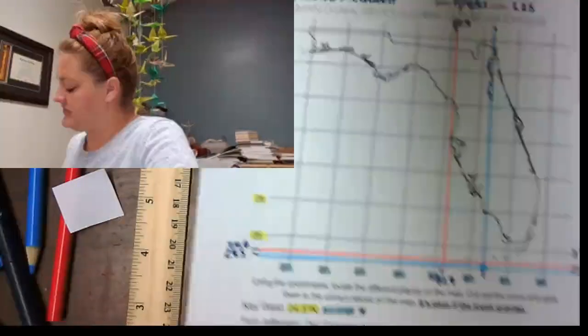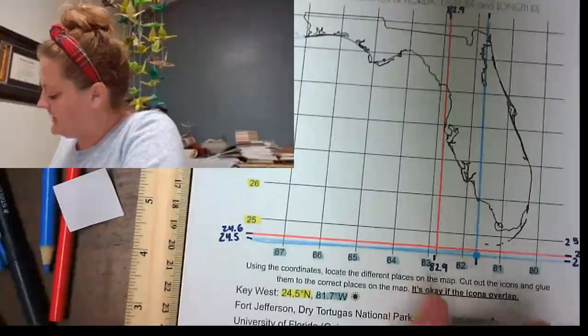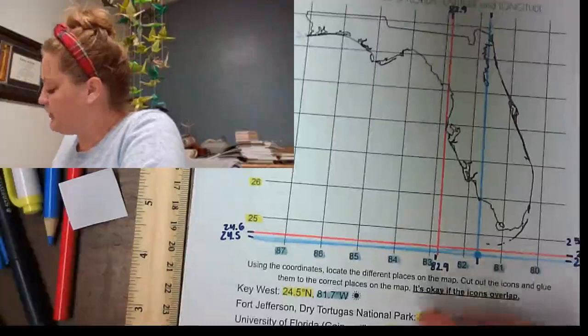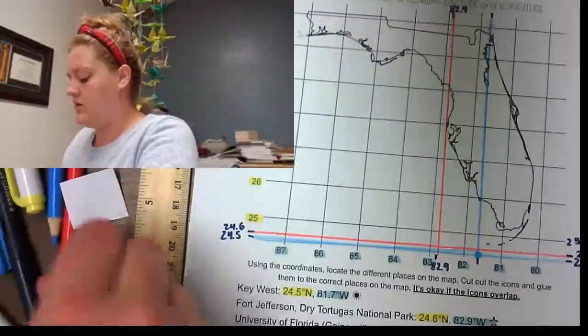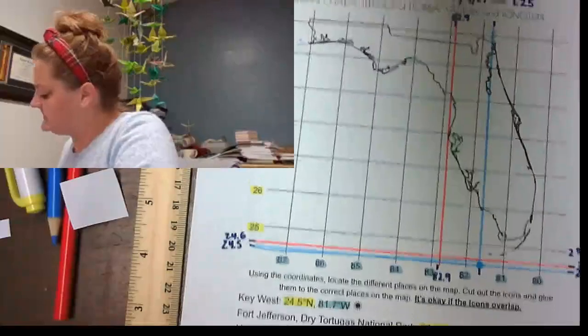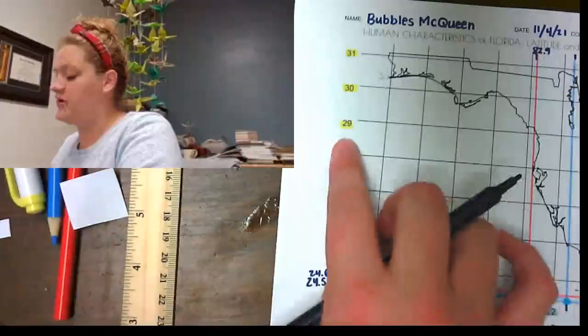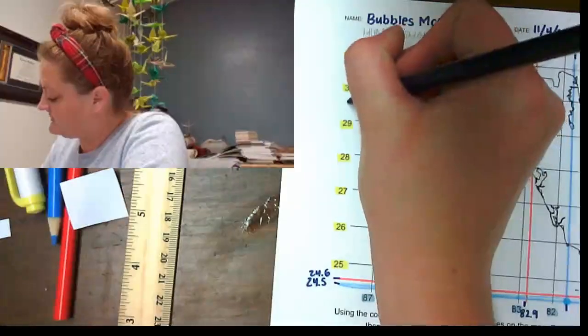We're going to go ahead and do the University of Gainesville. 29.6 degrees north, 82.3 degrees west. 29.6 degrees north is going to be between the 29 and the 30. So if you look on the side, 29 and the 30. 29.6, a little bit closer to the 30.